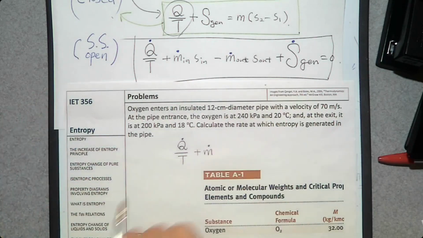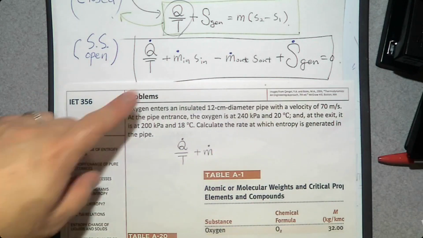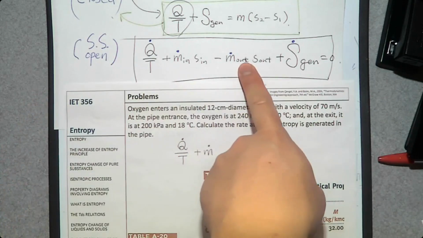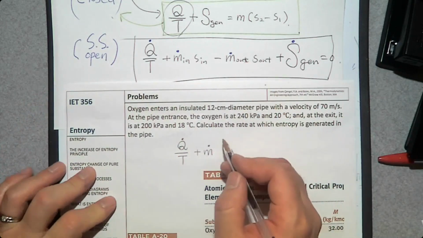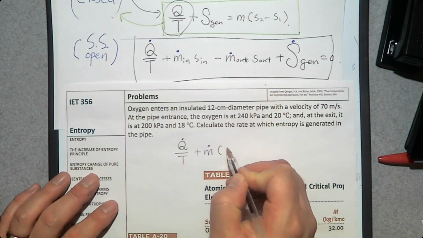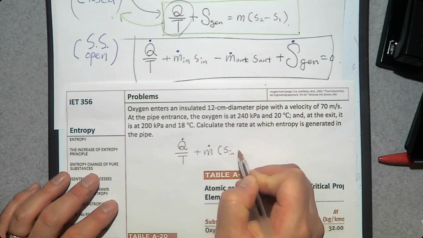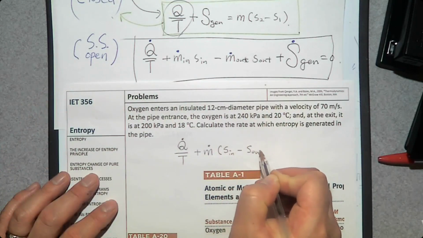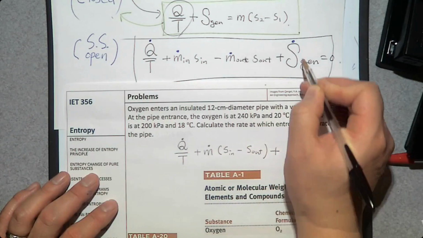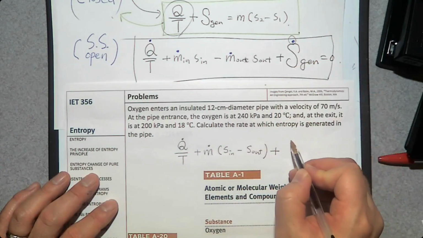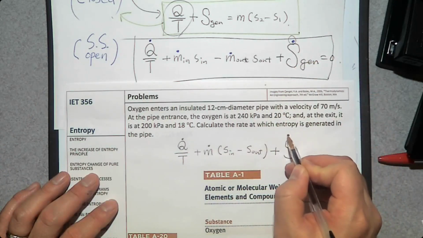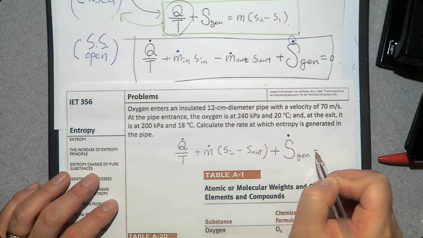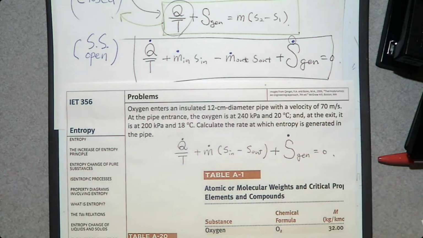By the way, it has only one entrance, one exit. So M dot at the inlet is the same as M dot at the exit. So I'm going to say M dot times S in minus S out plus the rate of entropy generation is going to be 0. So this is our governing equation.